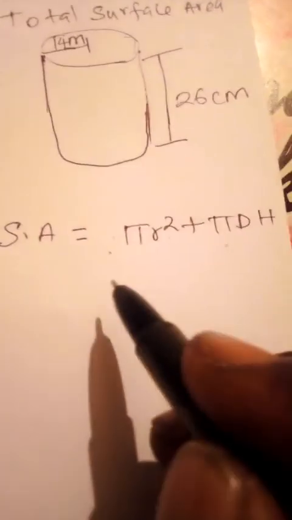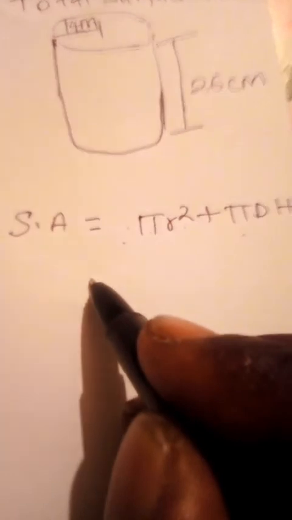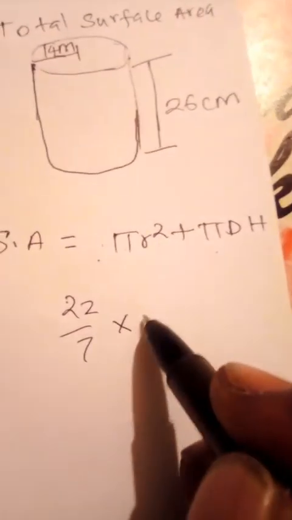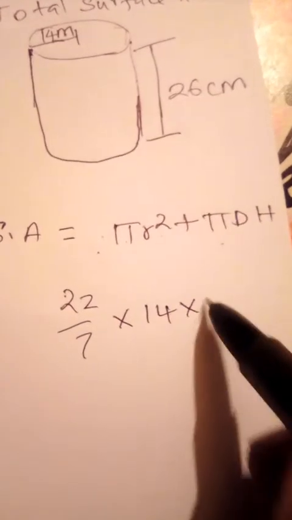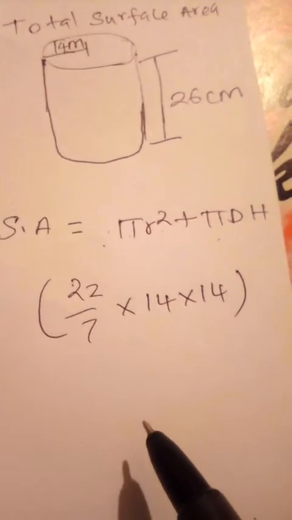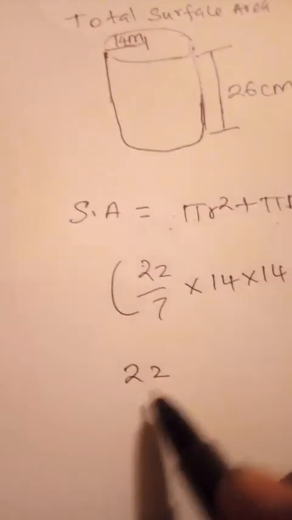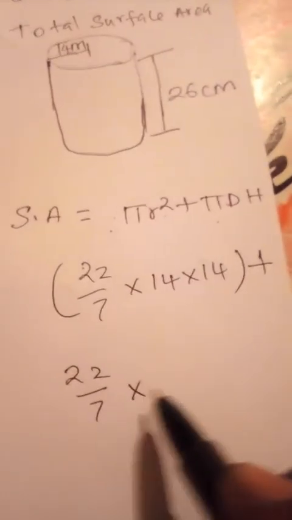So this is going to be 22/7 times the radius, which is 14, squared. That is pi r squared, plus pi dh, which is 22/7 times the diameter.